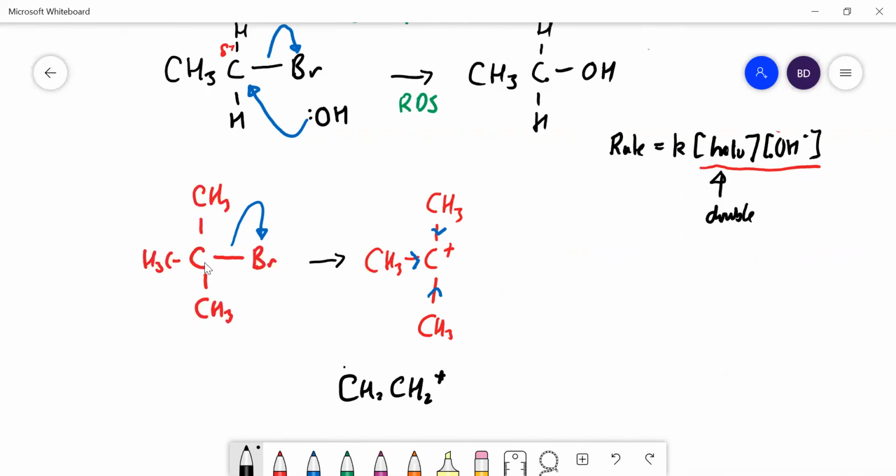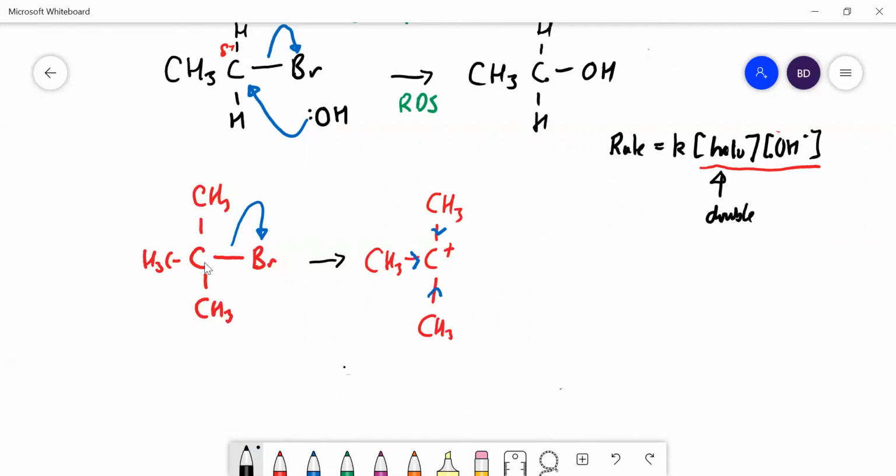You'd only have one alkyl group pushing negative charge into there, so that positive would be more intense, and so that would be less stable. And that doesn't happen with the primary haloalkane.